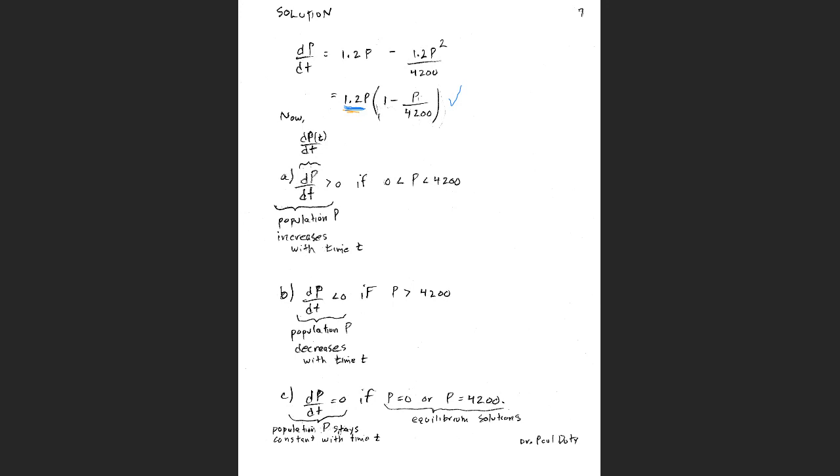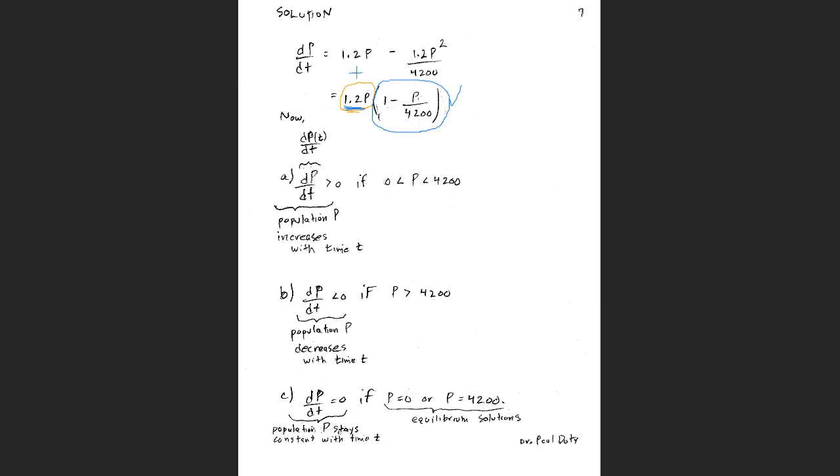But if we look at these factors, the 1.2p generally is always what? Positive. That's right. Good, Nathan. Always positive.